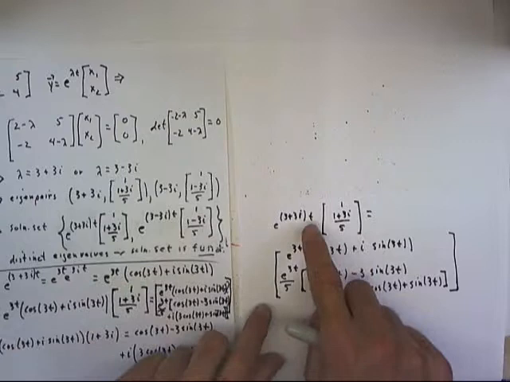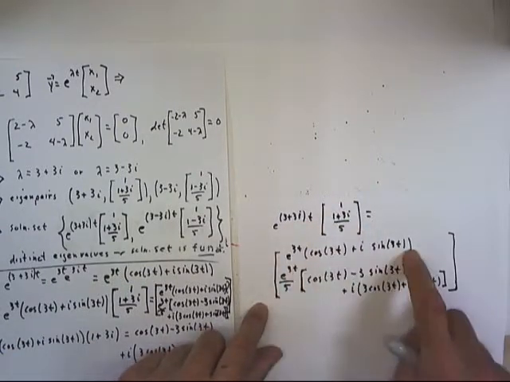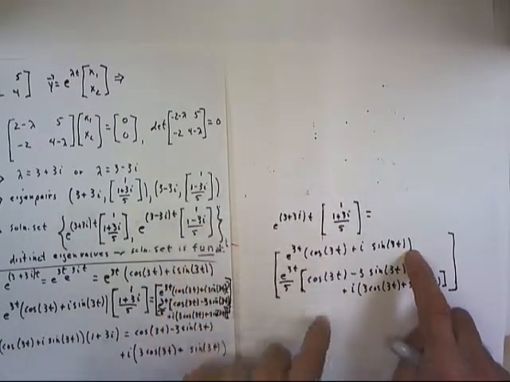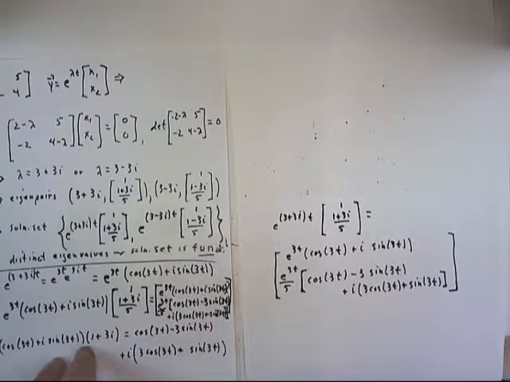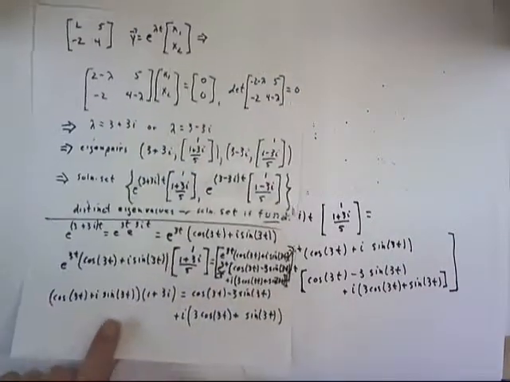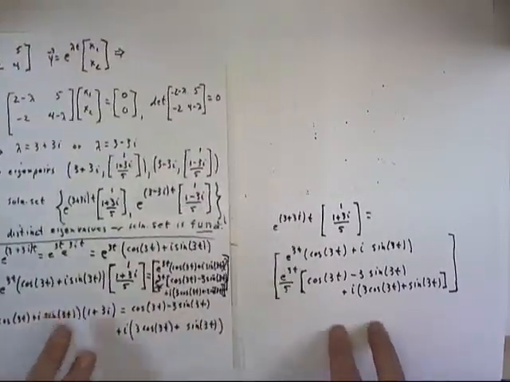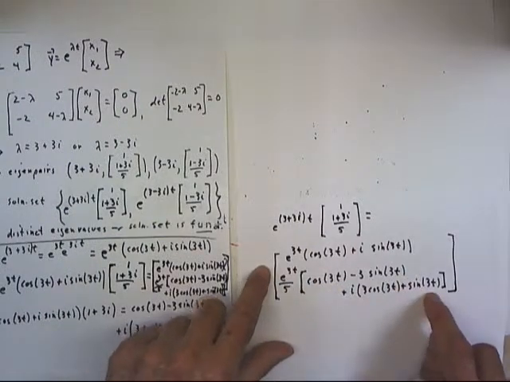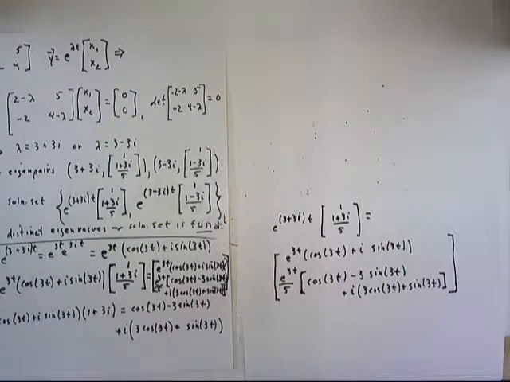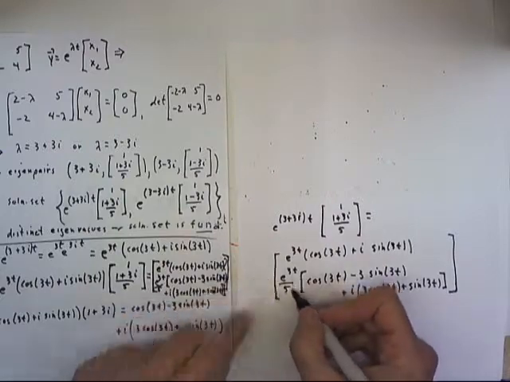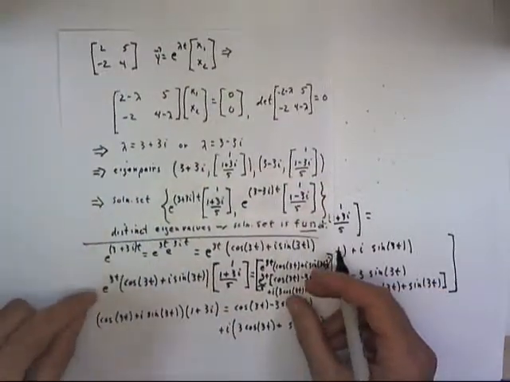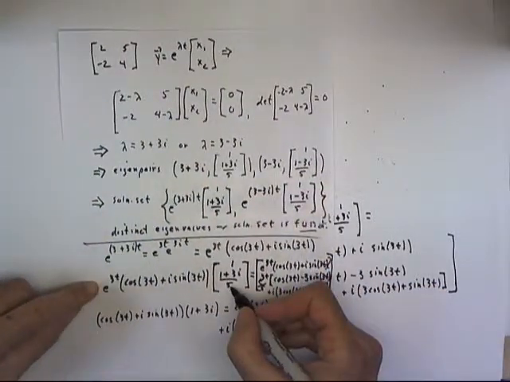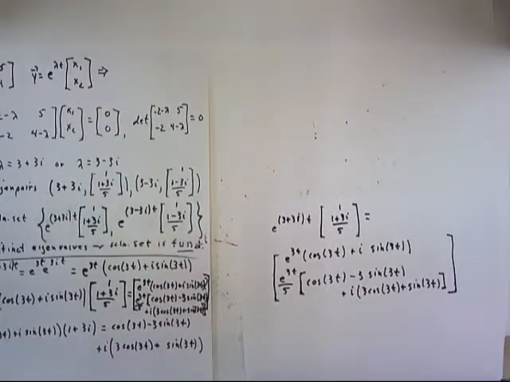That simply distributes through and gives us this term for the first component, and in light of this multiplication here, we get this for the second component, where I've reintroduced the e to the 3t over 5 that comes from the e to the 3t here and the 5 in the denominator here.